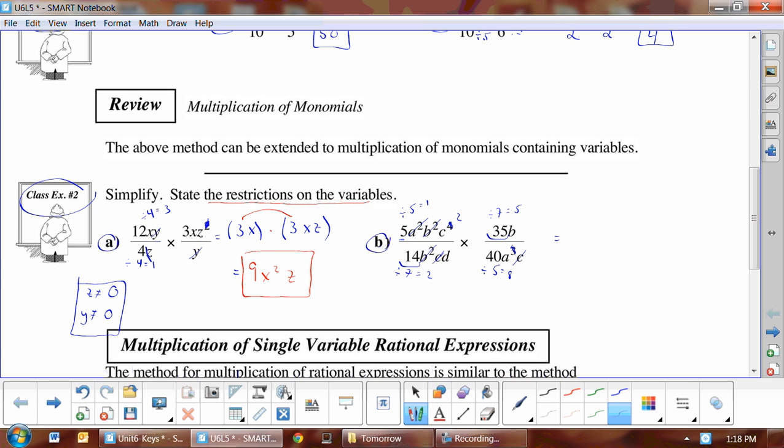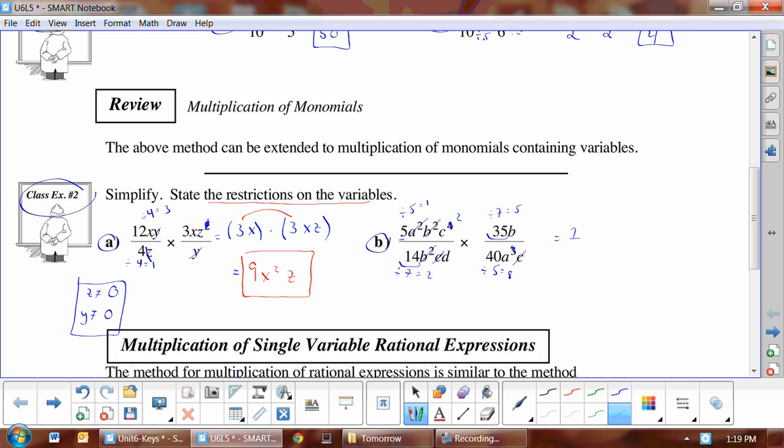Okay, so what do we still have? So, yes, Josh? If you took the 5 out of the 35 and the 40, then you would have to do some simplifying at the end. More than one road to the answer with these problems. So, okay, so what do we have left?